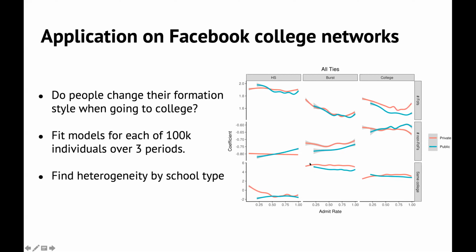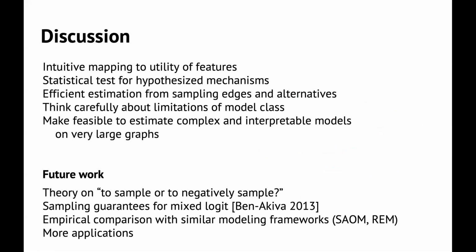So we can start interpreting these covariates. I put this in there as an illustration of how easy it is to apply this on really large data at a really large scale. In this case it's a little different because we split it up by individuals, but still there are millions of edges going into these models.